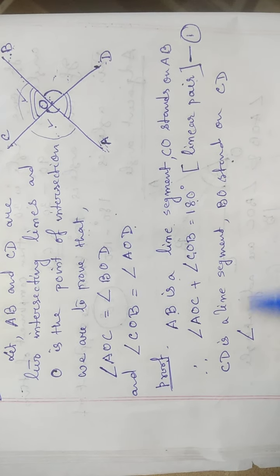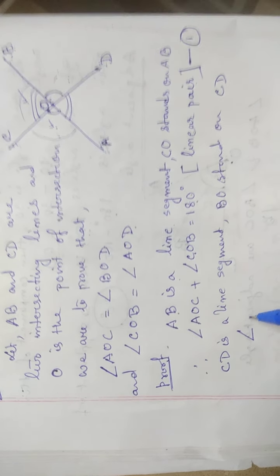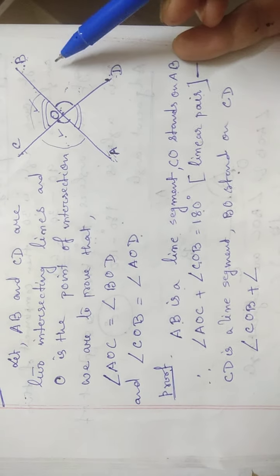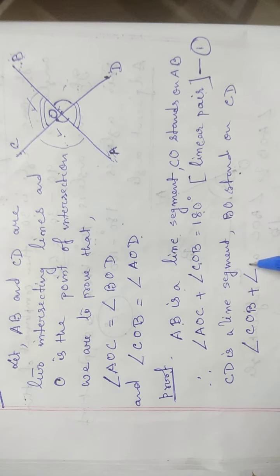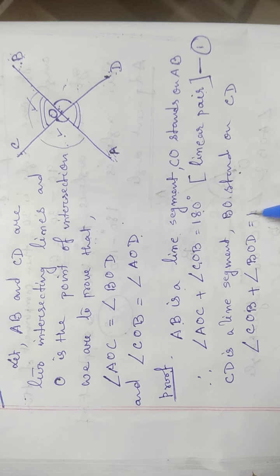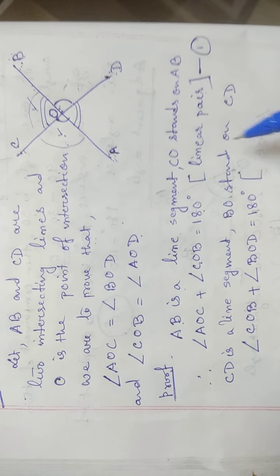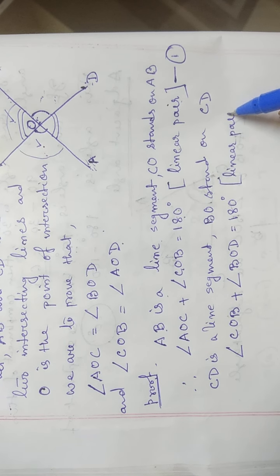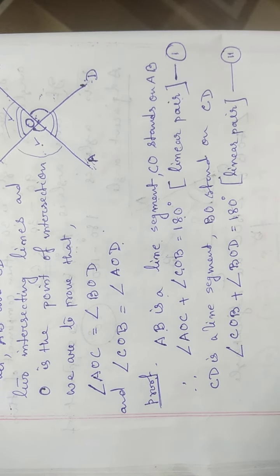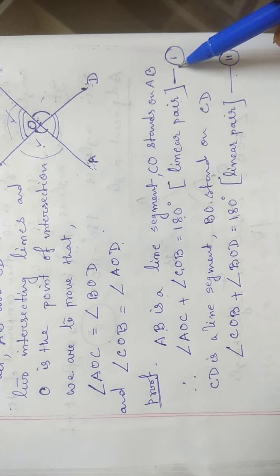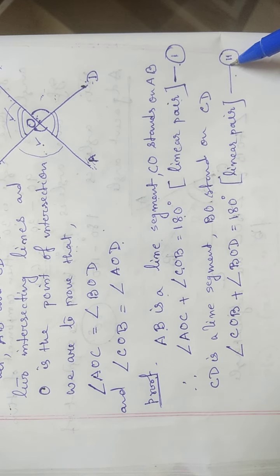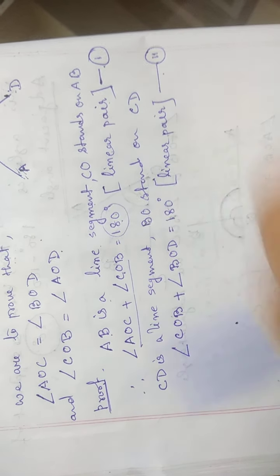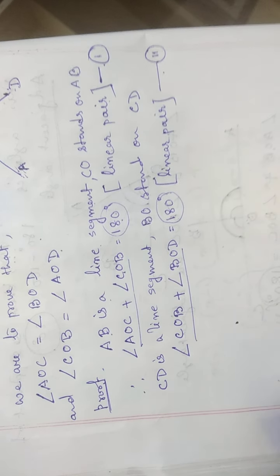Angle COB plus angle BOD is equal to 180 degree. Why? Same reason, linear pair. This reason you have to write down. This is equation number 2. Now you see, this is equal to 180 degree. This one also equal to 180 degree.